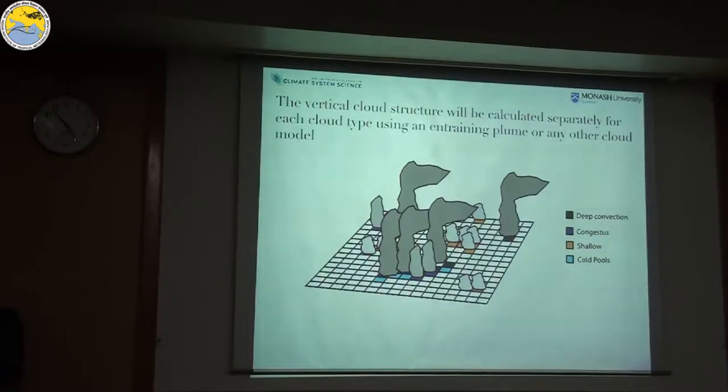Then you multiply the two together, that gives you the mass flux at cloud base, and then you do an updraft calculation and a downdraft calculation, and all other calculations we already know how to do for each of the types. So you end up with, say, 3 calculations instead of 1. We think that will be the best compromise for immediate progress, and then we can become fancier in the future.